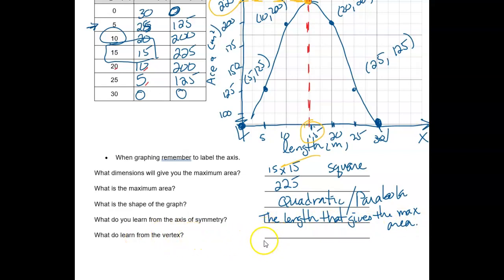Well, from the vertex, you get the length and the maximum area. So just repeat that again. You find out that the length is 15 meters. That gives you a maximum area of 225. Okay, that's it for that one.